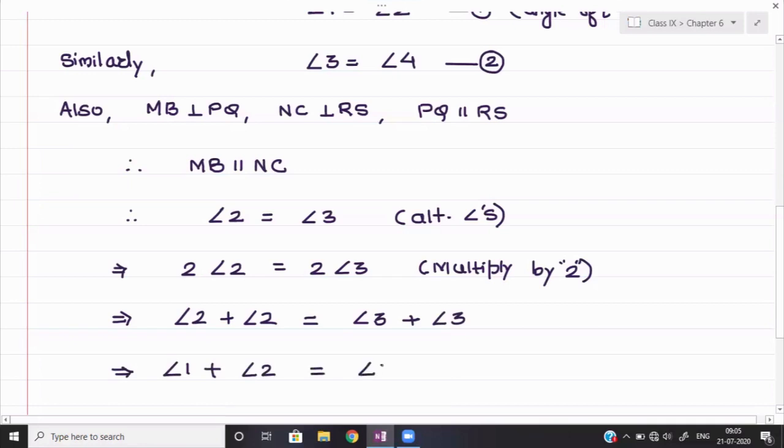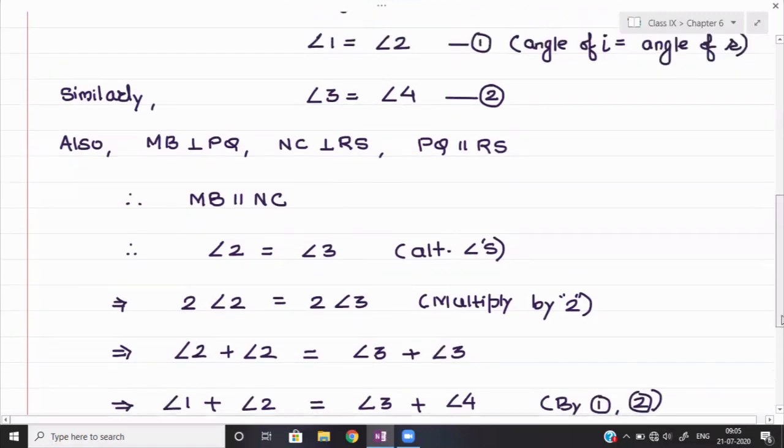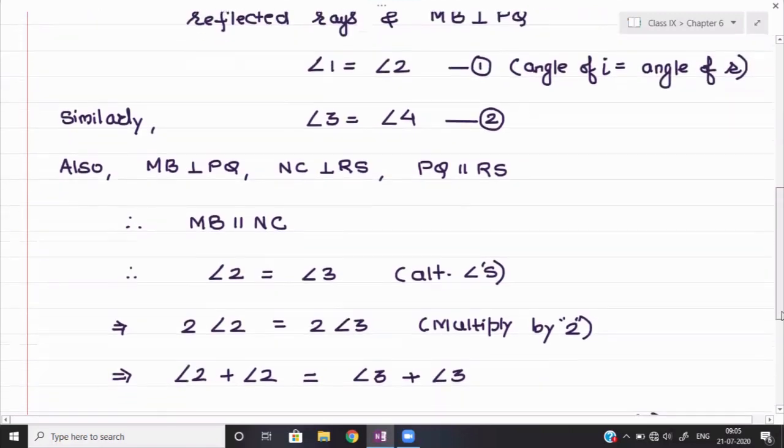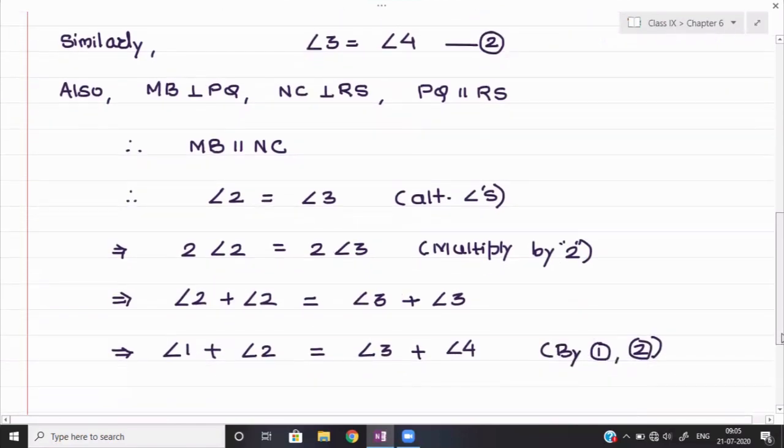In the same way, one angle 3 I can write as it is, and one angle 3 I can write as angle number 4. This I am doing by equations first and second. In equations first and second, we have proved angle 1 is equal to angle 2 and angle 3 is equal to angle 4.